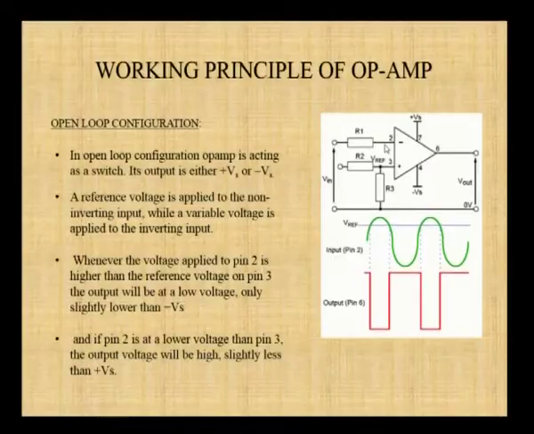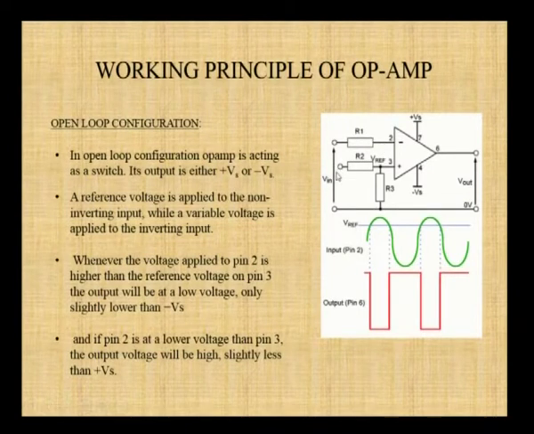If the input signal is given to the negative terminal of the operational amplifier, this circuit is called an inverting comparator. If we give the signal to the positive terminal and the reference to the negative terminal, then the circuit is called a non-inverting comparator.